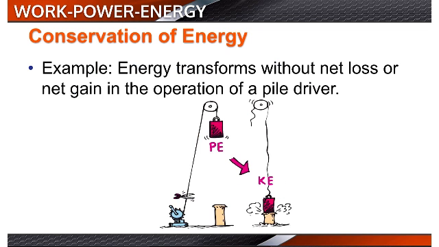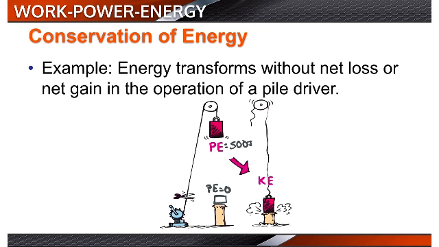Here is another example of this. We don't need to put a lot of numbers in here. All I'm going to say is at the bottom, the potential energy down here is going to be 0. Up here, let's say our potential energy is 500.